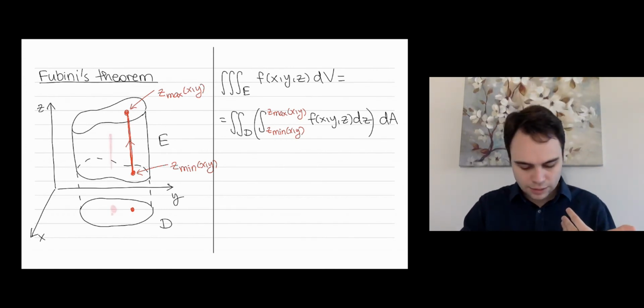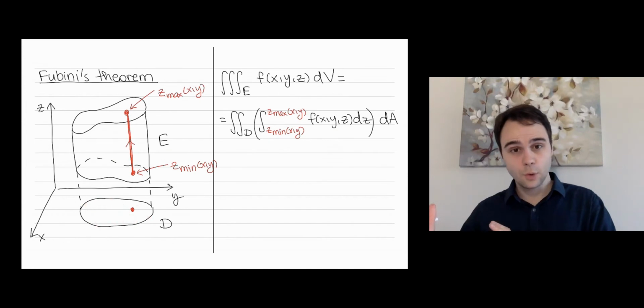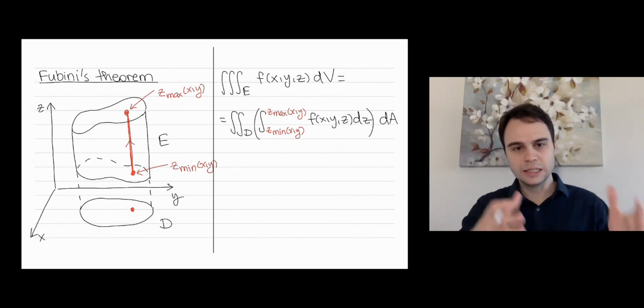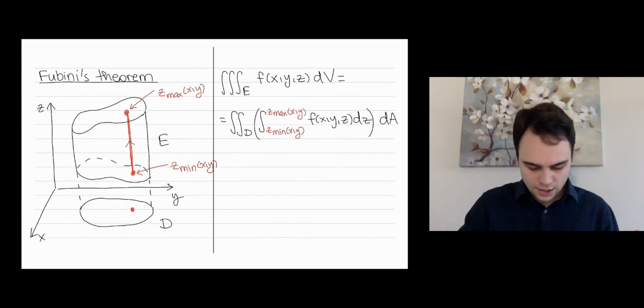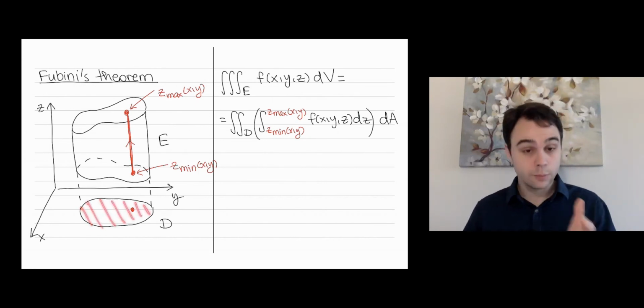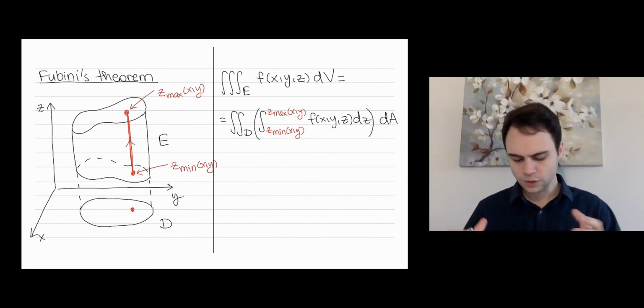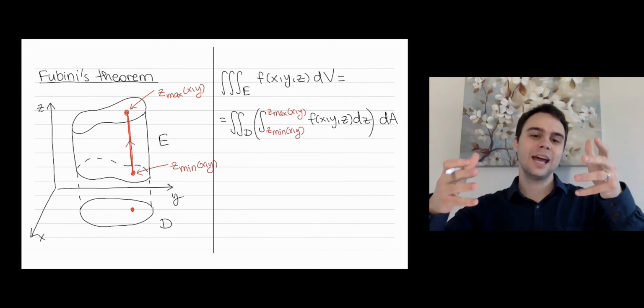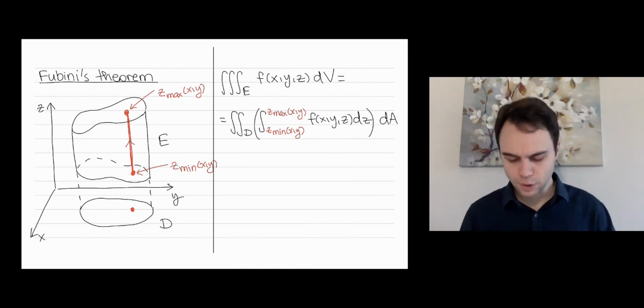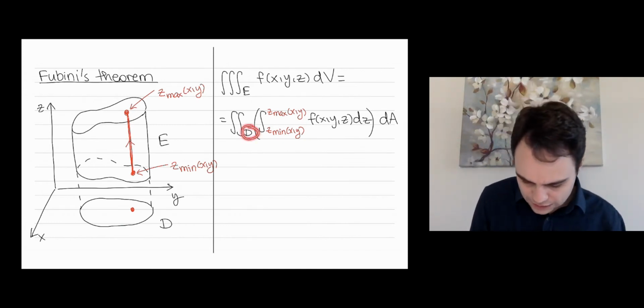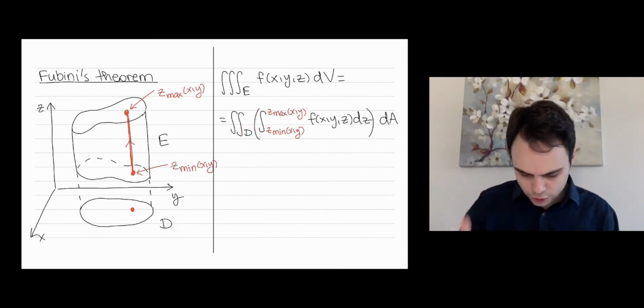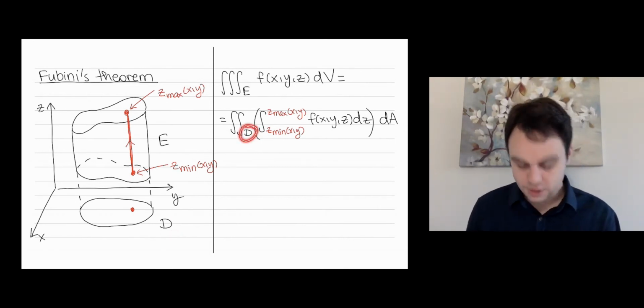The set of points in the plane that you get by forgetting the z coordinate of points in E is called the projection of E. You can think of it as the shadow that E casts onto the xy plane. So D, this projection of E onto the xy plane, is the domain of this double integral.